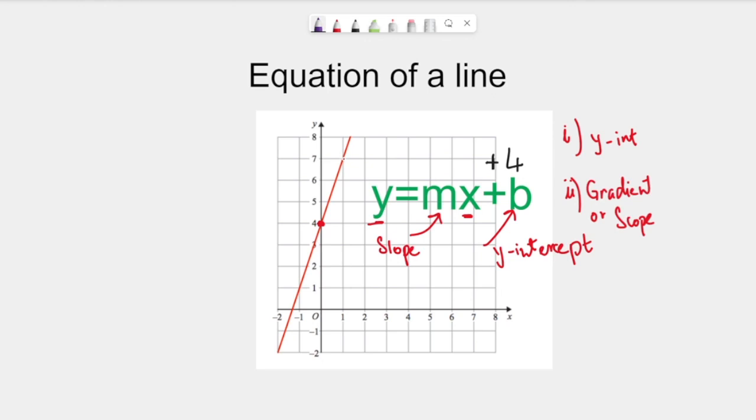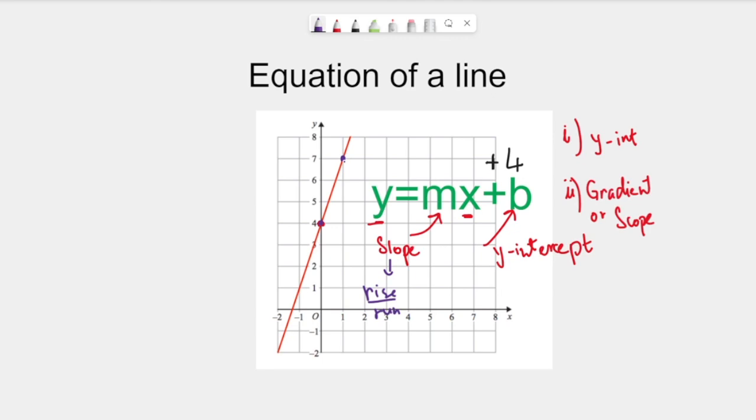We need to look for two exact points where we can easily find the coordinates, not the points in the middle, not this one. Once we find two points, remember the slope is always rise over run.